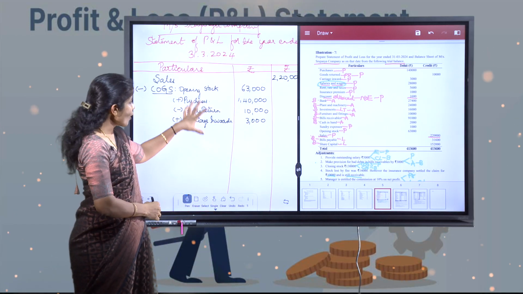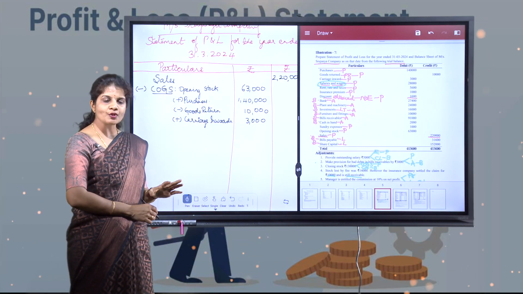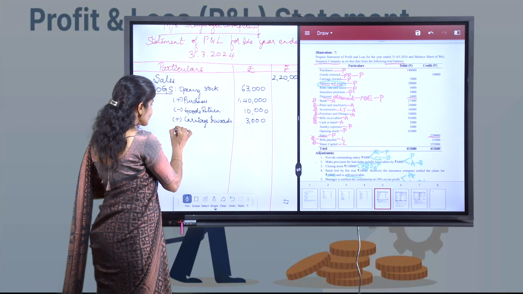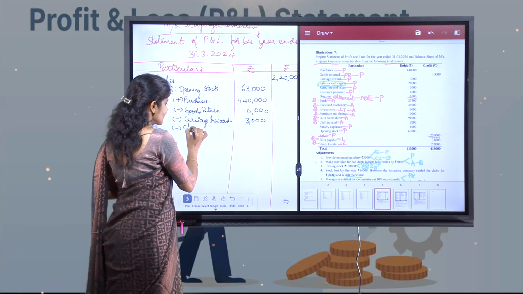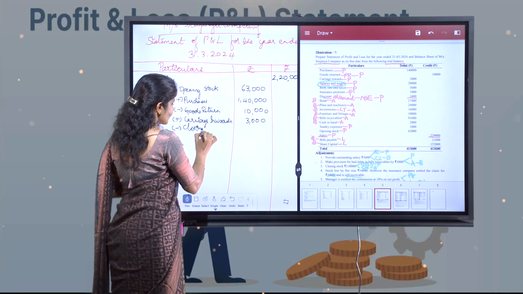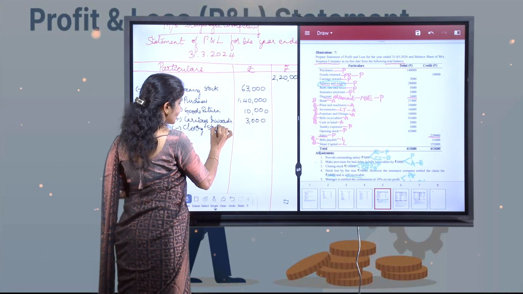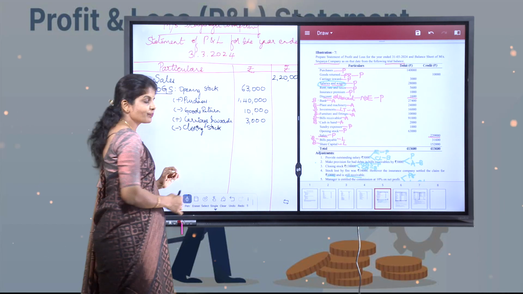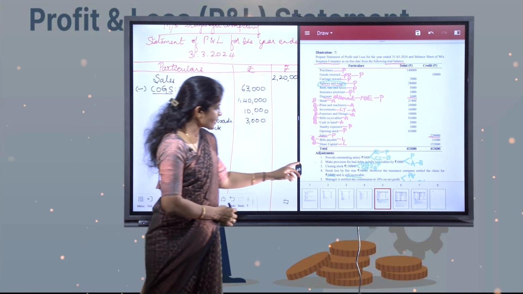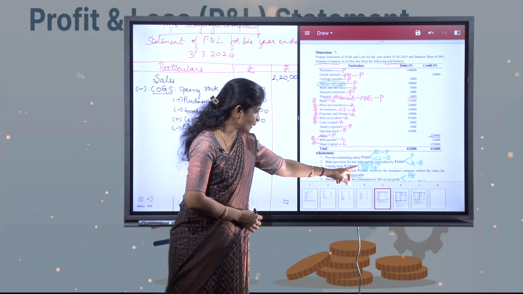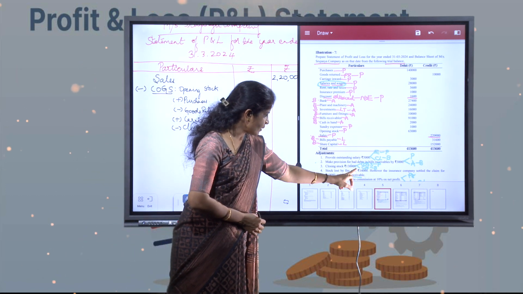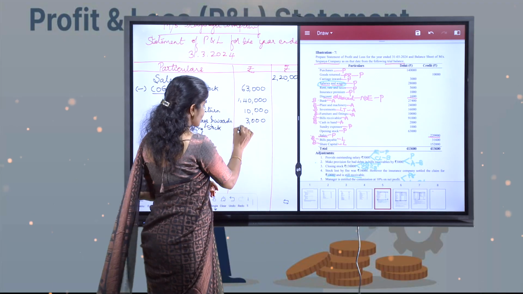And from all this, we need to deduct the closing stock. If you deduct the closing stock, the balance we get is called cost of goods sold. What is the closing stock? It is there in the adjustment. Look here, closing stock, 1,30,000 is the closing stock.